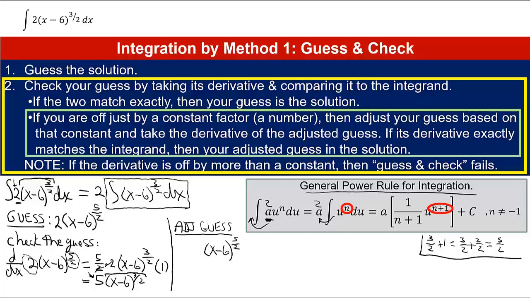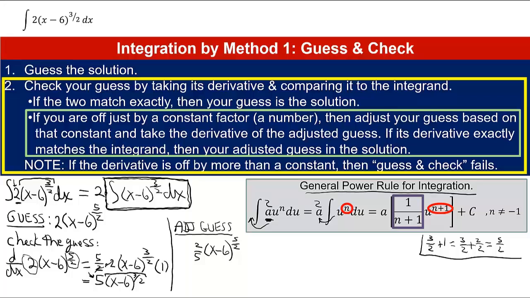But because I don't want the 5 halves to show up in the answer, I want to multiply by the reciprocal of that, which is 2/5. So my adjusted guess for the integral in this box up here is going to be 2/5 times the quantity x minus 6 raised to the 5 halves power.